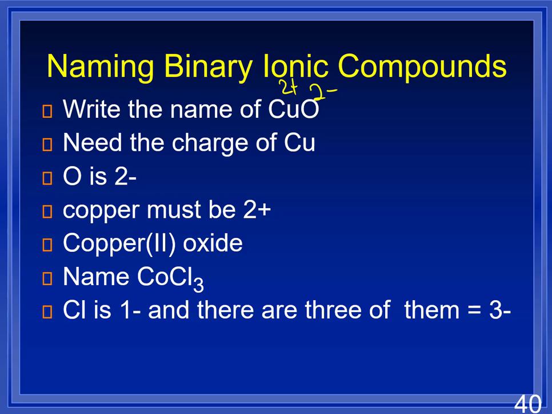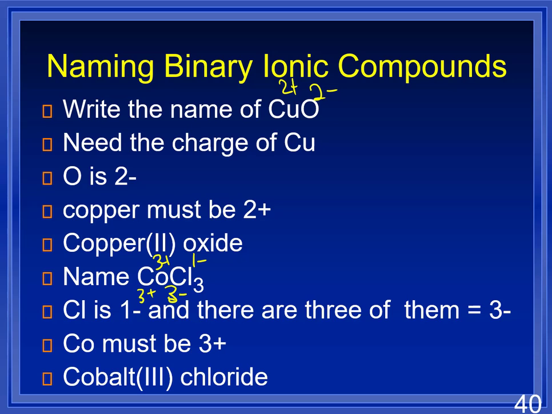So each Cl is 1 negative, but my total is 3 negative. So my total positive has to be 3 positive. I've got 1 cobalt. What's its charge if the total has to be 3 positive? 3 positive. So Co has to be 3+. So now we know the Roman numeral. It's cobalt(III) chloride.